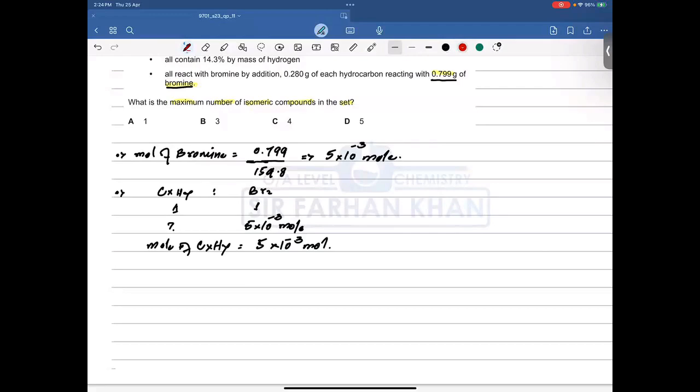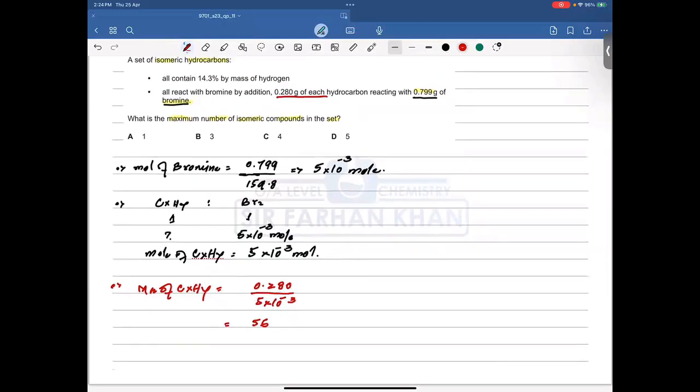We know that the mass of hydrocarbon is given, which means I can find the MR of hydrocarbon. Mass is 0.280 divided by moles, 5 into 10 to the power minus 3. The answer is going to be 56. So 56 is the MR of this hydrocarbon.